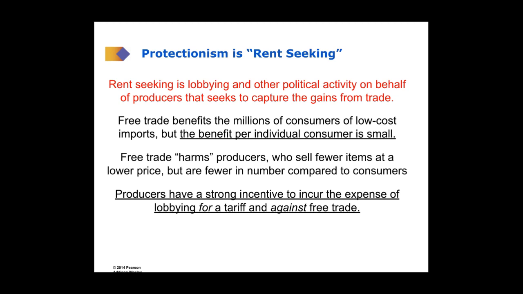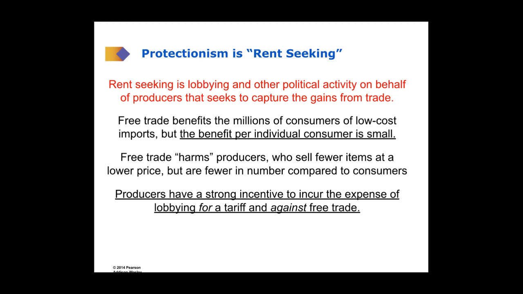Now, if we look at the situation, we know that free trade benefits consumers. They're able to have more products at lower costs, but the benefit to individual consumers is kind of small. Producers have the opposite situation.